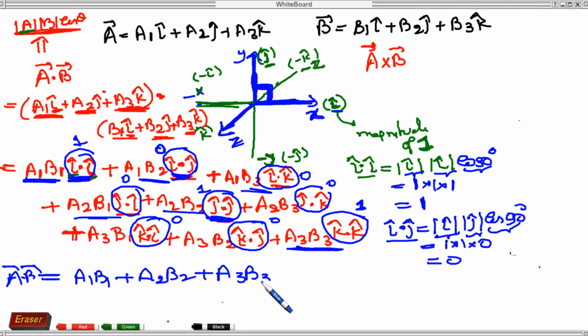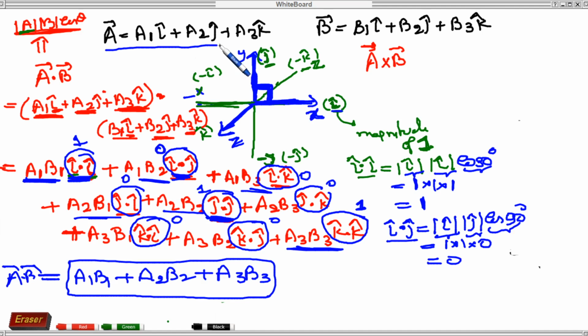So if you are given any vectors like this, in this way you can find out the dot product of these two vectors. Now we will also see the cross product of these two vectors.